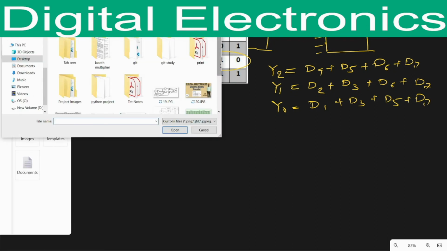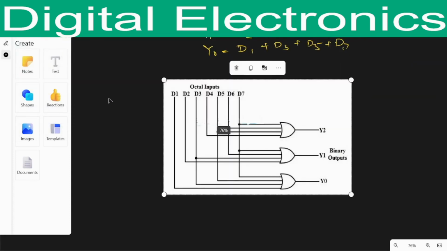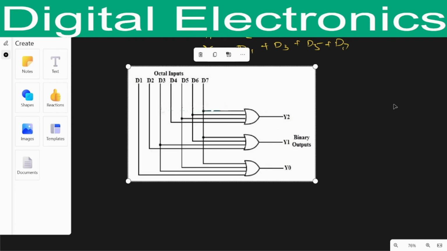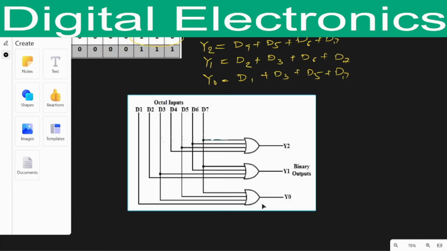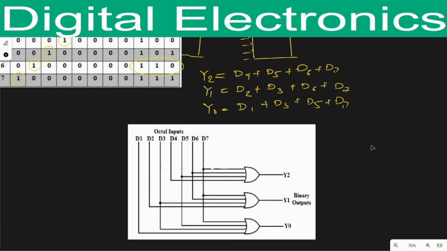Now on the basis of these output equations, we can draw the logic diagram also. How can we draw the logic diagram?